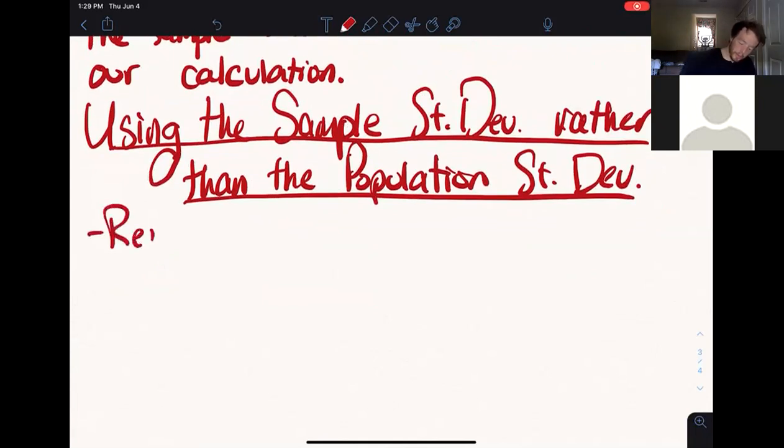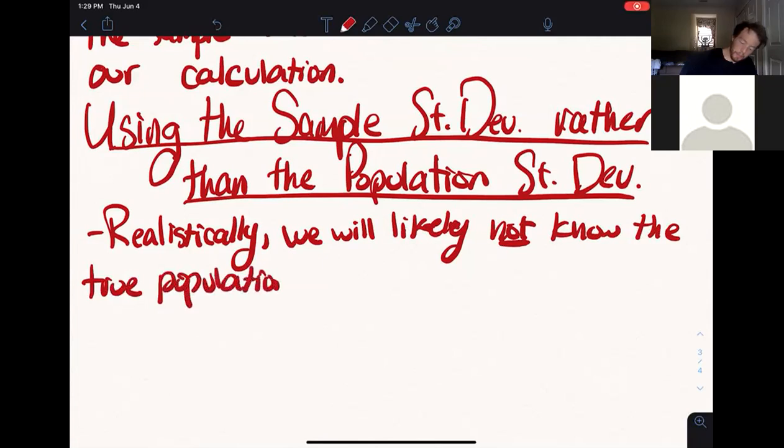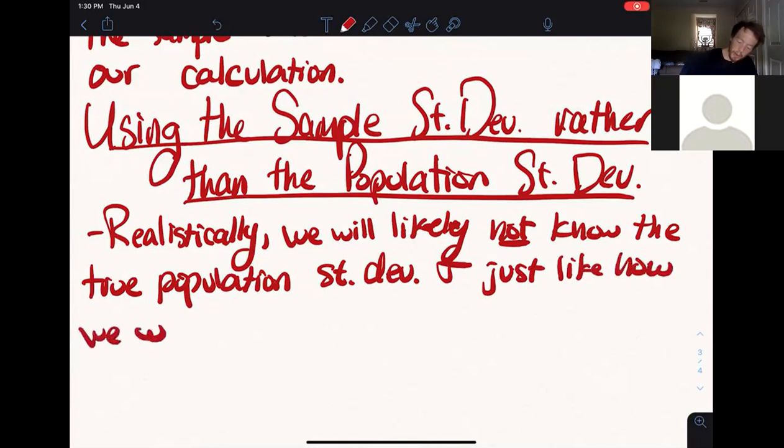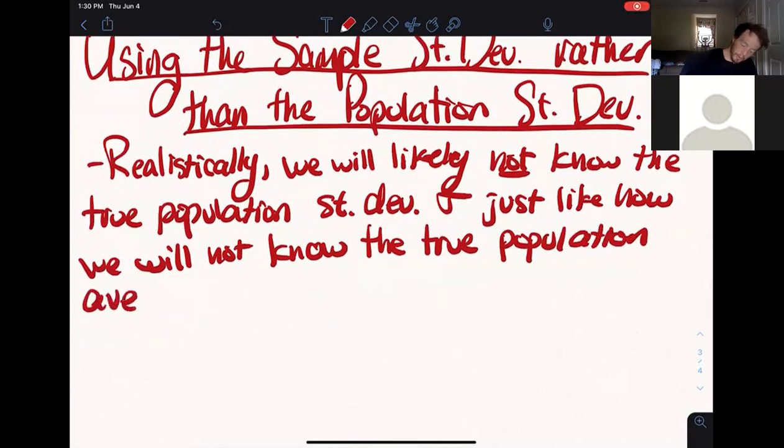And the main point here is that realistically, we will likely not know the true population standard deviation sigma, just like how we will not know the true population average mu.